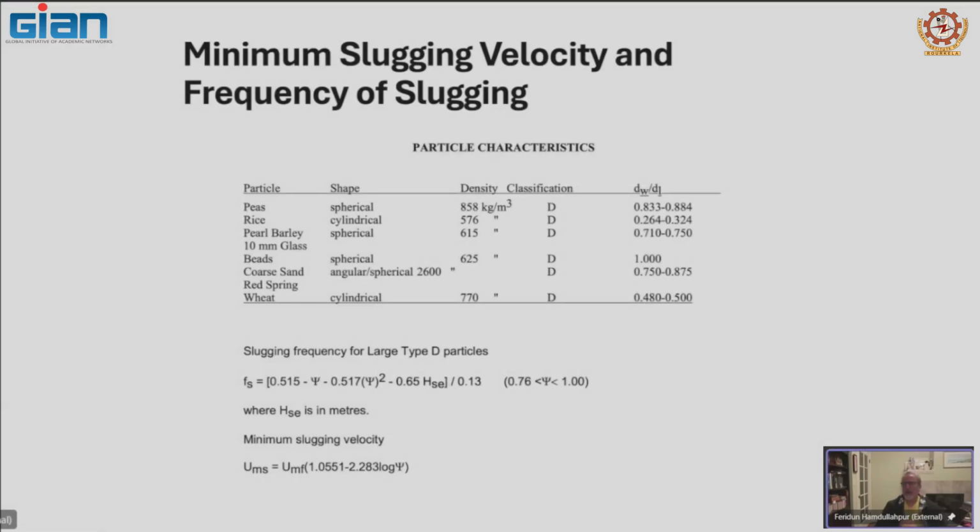As you saw in the short video, when the bed spouts, there is a core where a lot of convective air movement takes place, with convective heat transfer and mass transfer. Around that, it is almost like a fixed bed, and particles are moving very slowly.